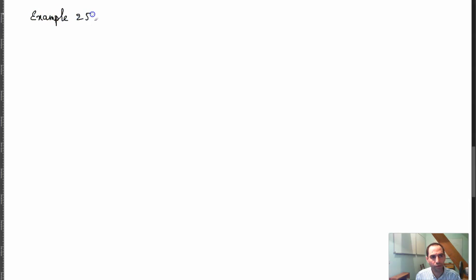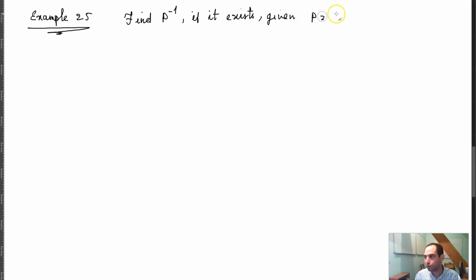So we want to find P inverse if it exists, given that P is equal to a 2 by 2 matrix: 10, -2, -5, and 1.